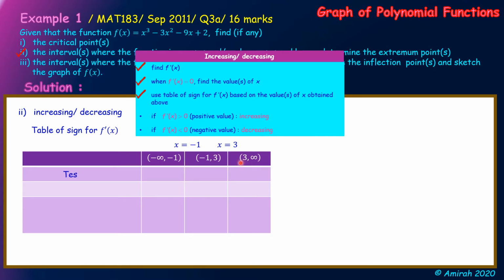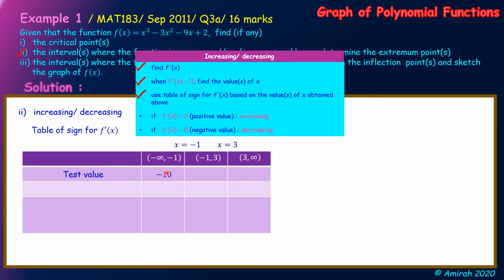And then the test value. Between negative infinity and negative 1, we can choose any value that satisfies this interval, such as negative 10, negative 9, negative 2, negative 100, even negative 1000, but we choose the simplest value.